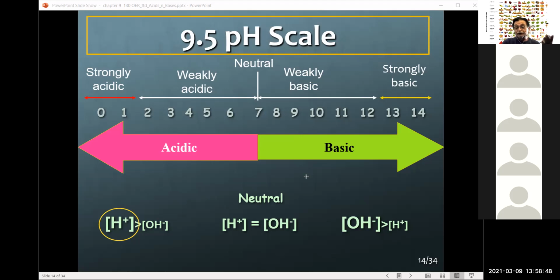Now, thinking of alkaline, let me ask you something. I mentioned what happens when the proton reacts with the hydroxide. It neutralizes to form water. Now, there is some water out there that you can buy. It's called alkaline water.